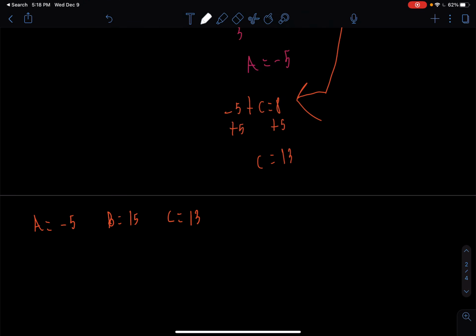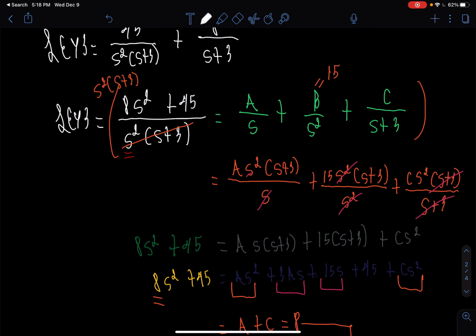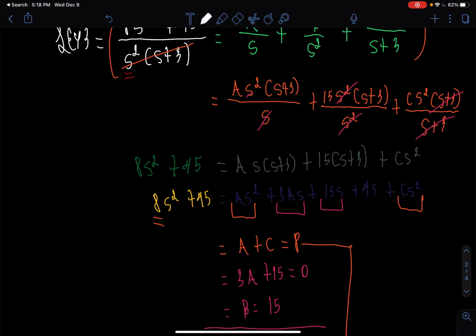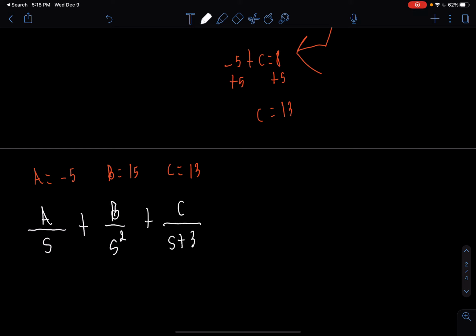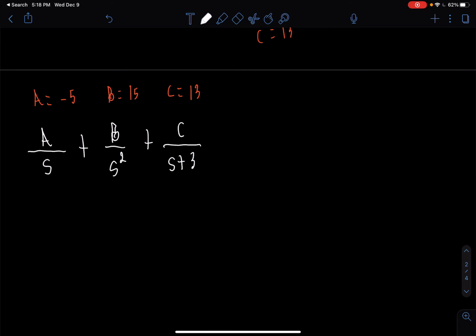Now we're ready to go ahead. Let's rewrite this step right here, this step down here. So let's have A over S plus B over S squared plus C over S plus 3. Now we can substitute this in there.